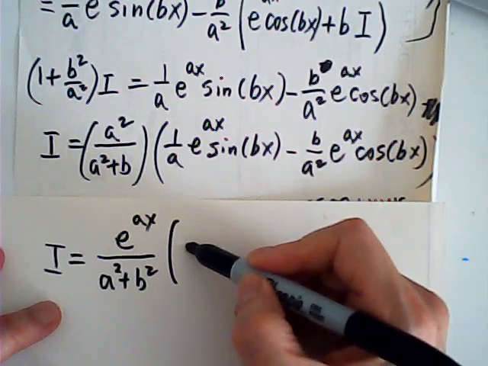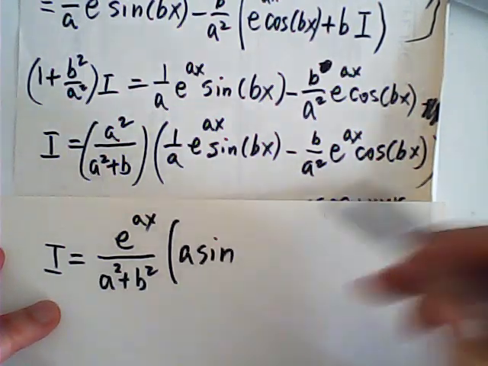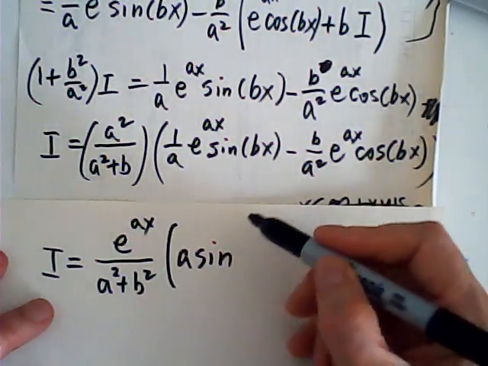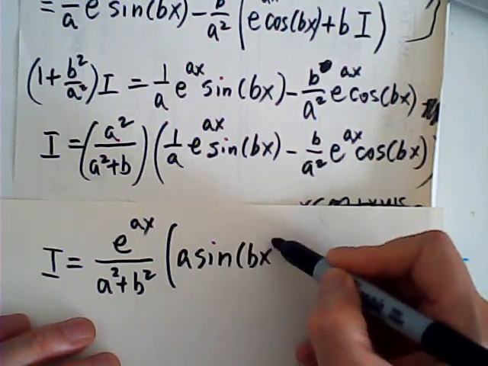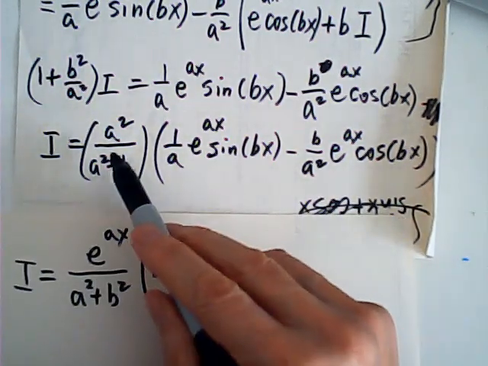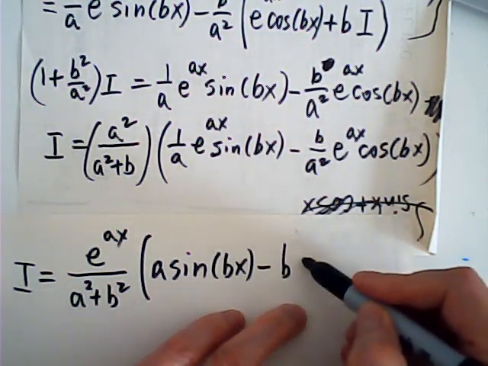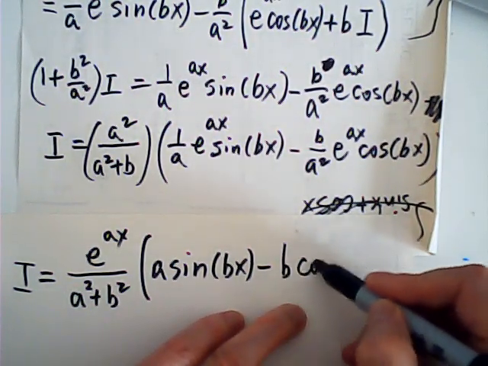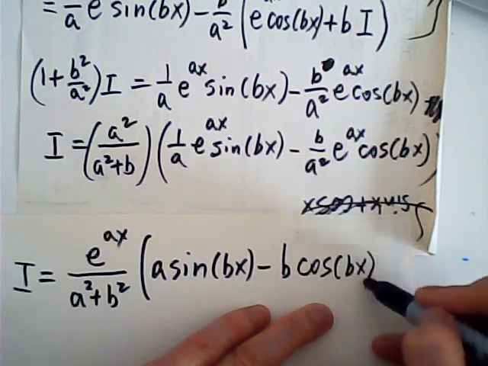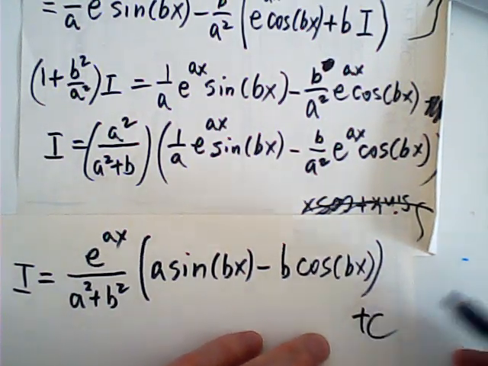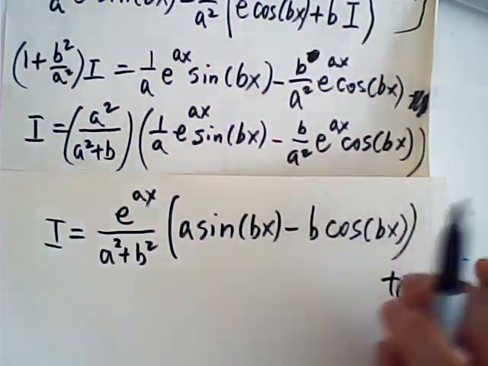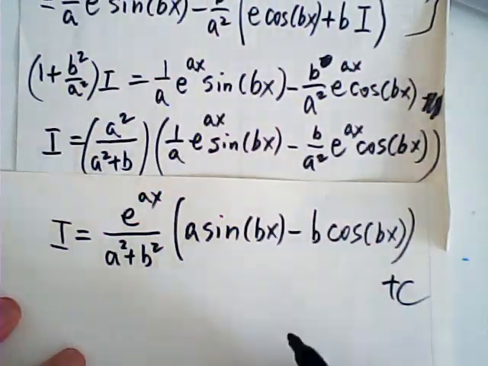This one times this one has a left, sine bx minus this one, a cancel out, square could be b cosine bx plus c. Yeah. That is the very answer.